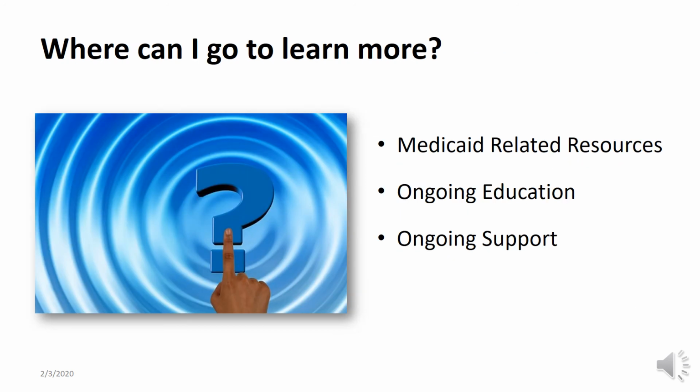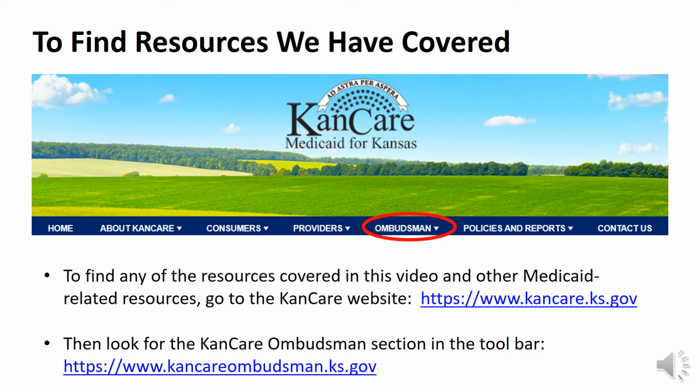Where can I go to learn more about Medicaid-related resources, ongoing education, and ongoing support? To find resources we've covered in these videos and additional Medicaid-related resources, you can go to the KanCare website. The direct URL for the KanCare website is https://www.kancare.ks.gov.